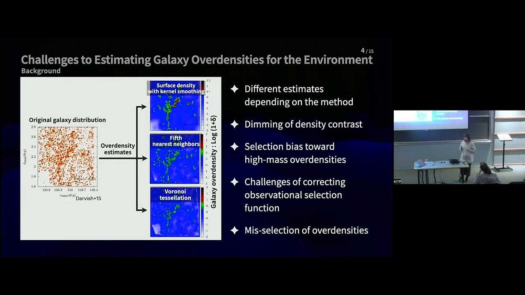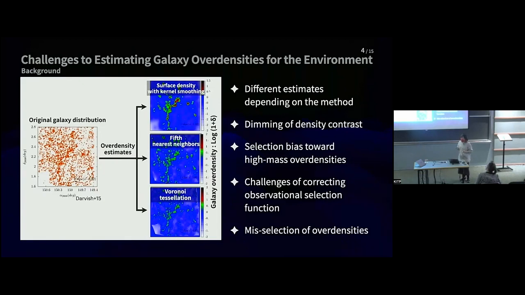The higher mass completeness limit may also cause selection bias toward overdensities where many high mass galaxies may reside. In addition, it's still difficult to correct the observational selection function by traditional environmental measures such as those estimators, even with spectroscopic data.